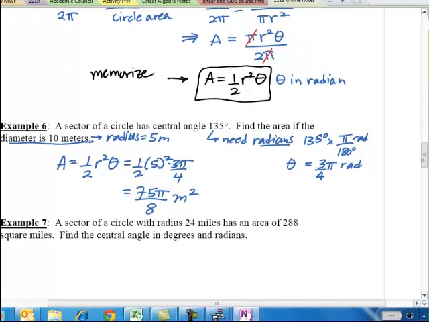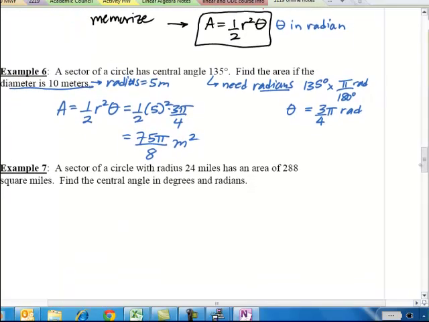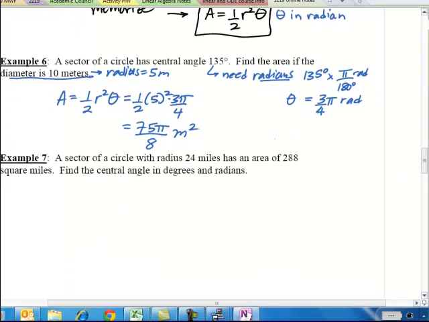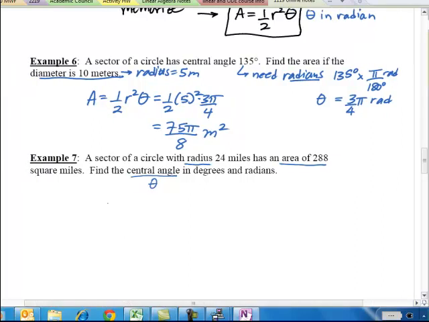One more sector area example. Here, the radius is given and the area is given, but we want to find the angle, so we don't know theta. And so once again, we'll use this formula that A equals 1/2 r squared theta, if theta is in radians. And we can fill in the values that we know.